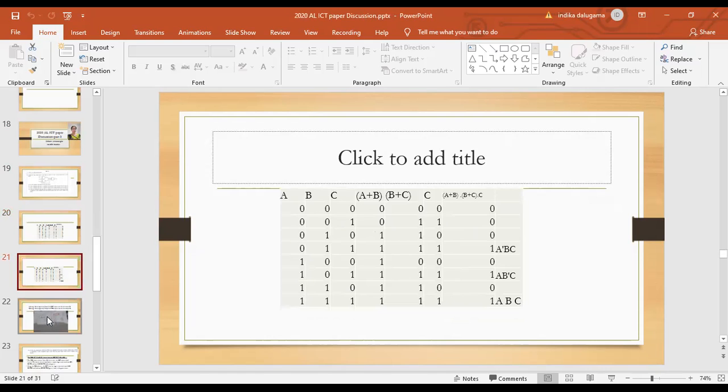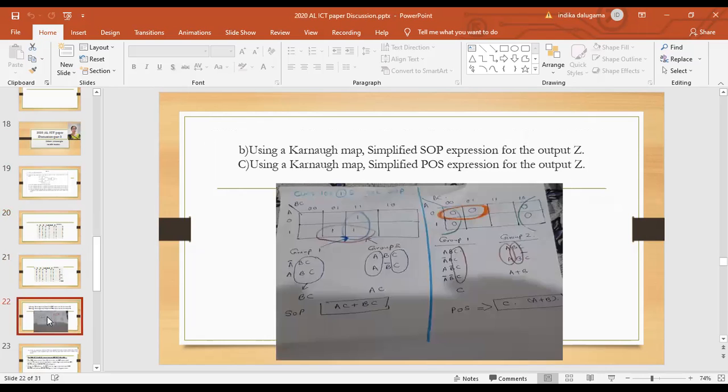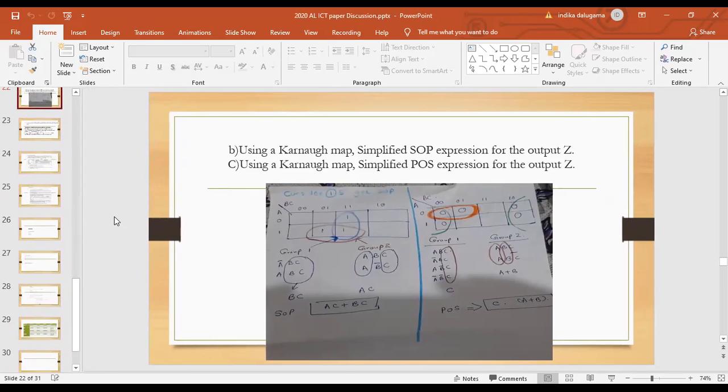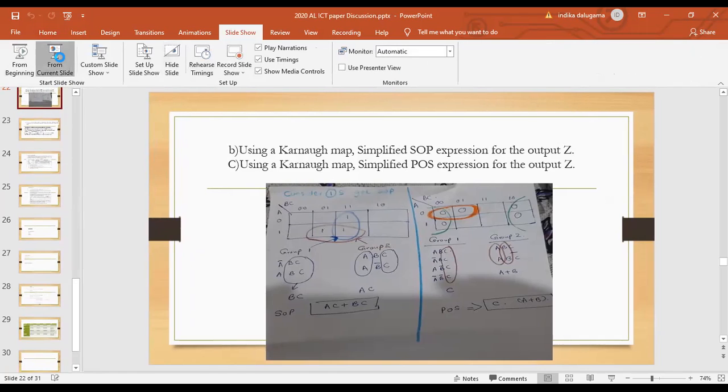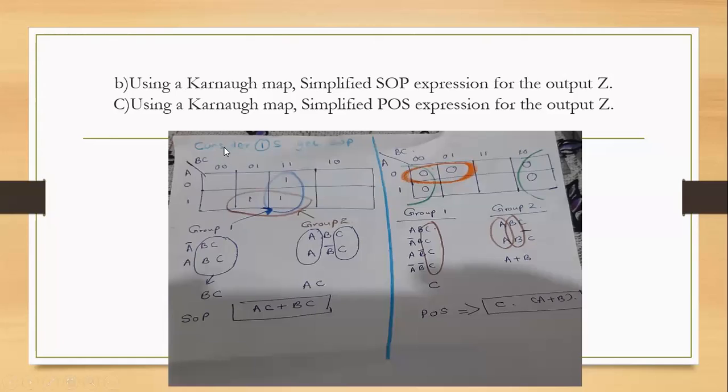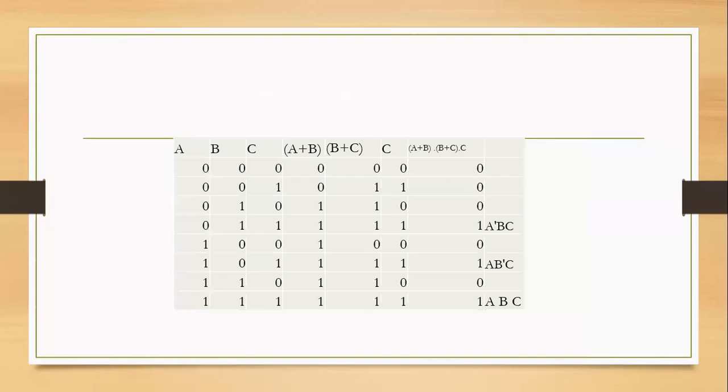Then, in the next part, it is asking to use the Karnaugh map to simplify the SOP expression for the output Z. Here in the Karnaugh map, in SOP, we are considering the numbers with 1.